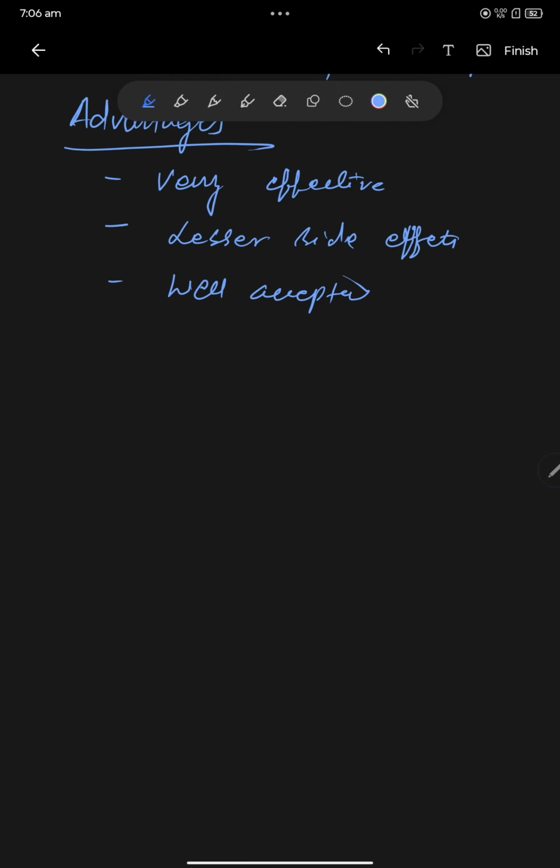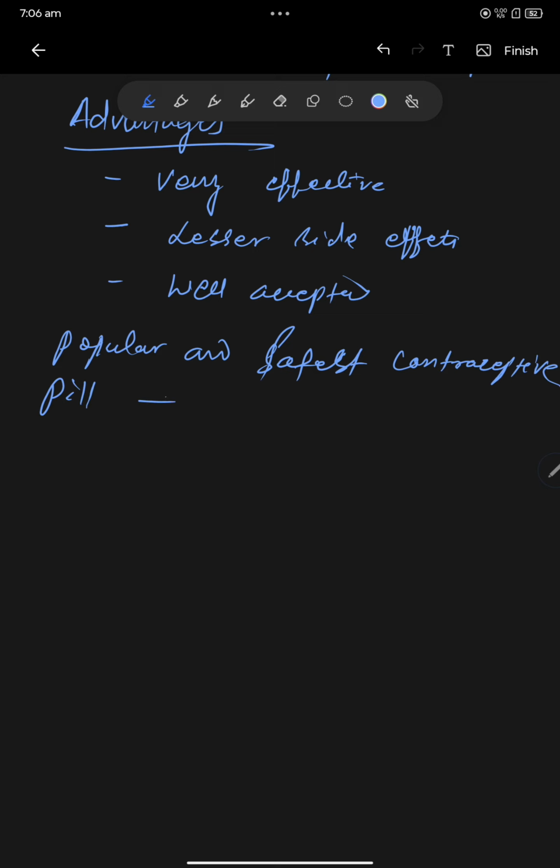Now the most important, common and very popular, and safest contraceptive pill is Saheli.